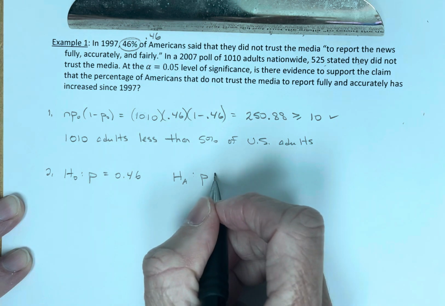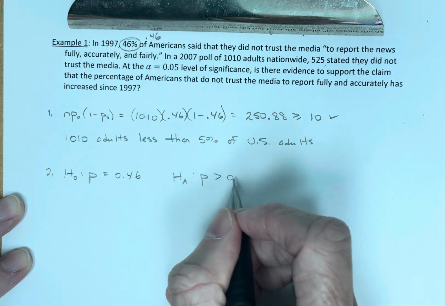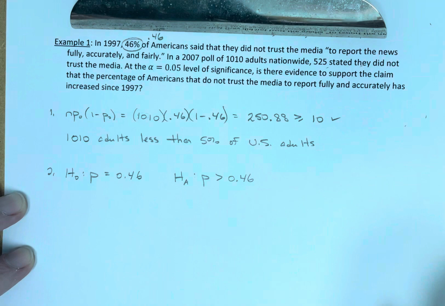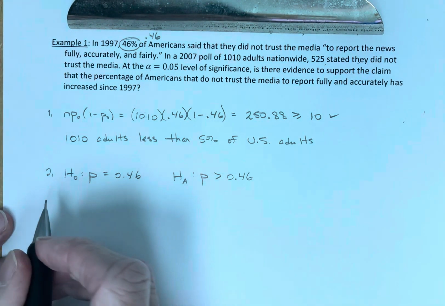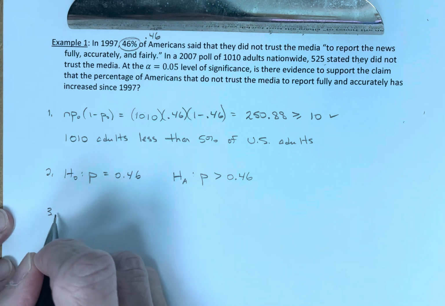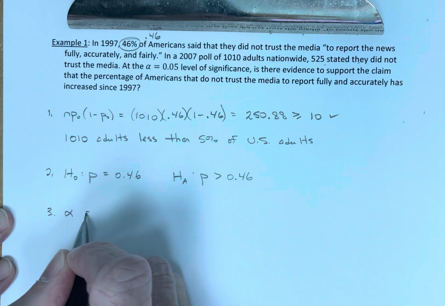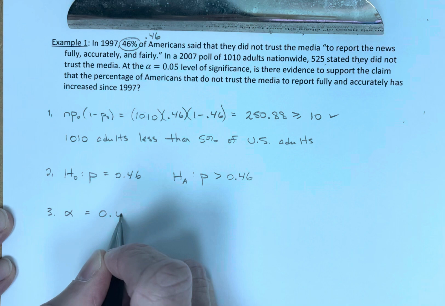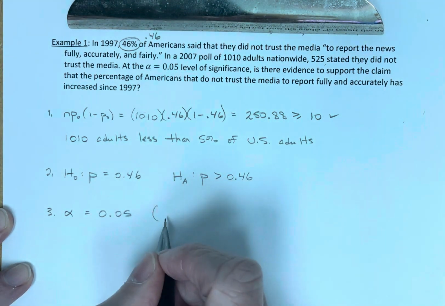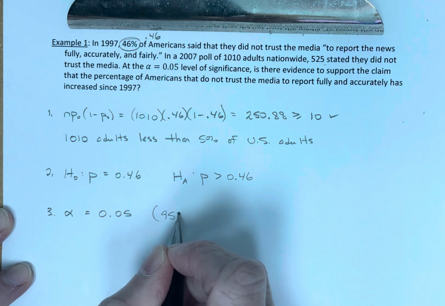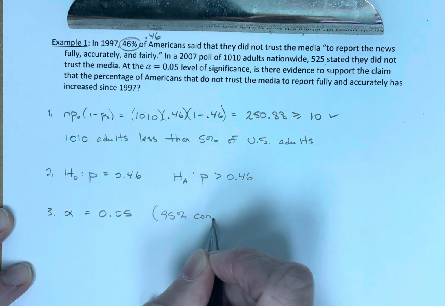So we want to do a right-tailed test. Is p greater than 0.46? Step 3, determine our level of significance. Well, we're told that alpha is 0.05. That's right here. And obviously we're looking for a 95% confidence.